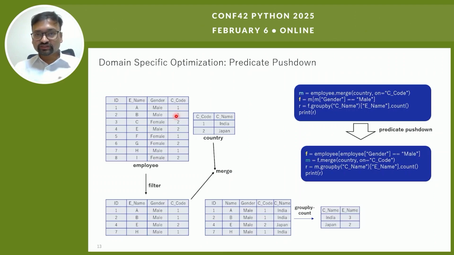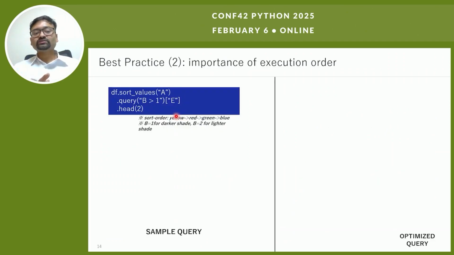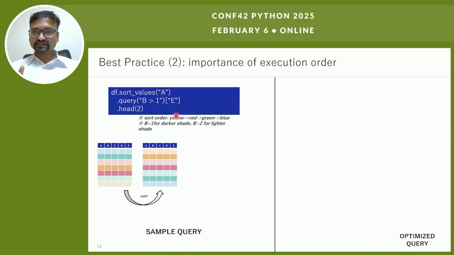So now let's put these two into some kind of rule of thumb. In order to understand the importance of such execution order, let's take this example, where it is trying to perform sorting by the E column, do the filtration based on some condition in the B column, select the E column and get the top two. Now, to illustrate that, let's consider this is my data.